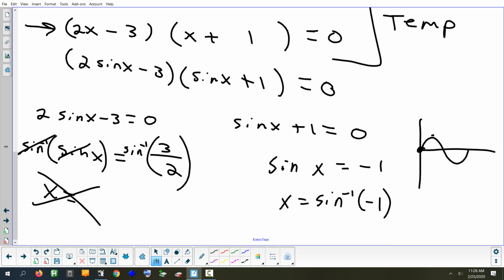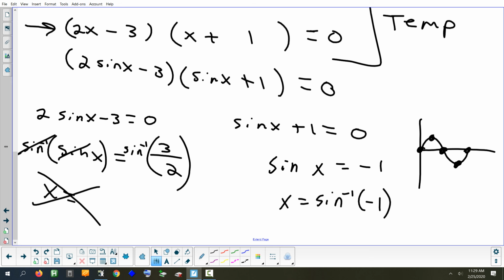There's your beginning, quarter, half, 3/4, all the way through the cycle. Where does the sine hit -1? Well, 180 is where it hits 0. 270. That's 270.